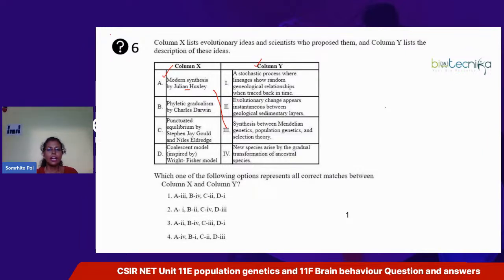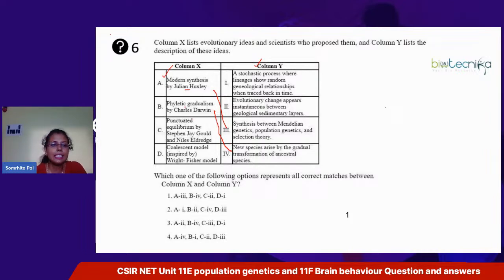Okay, these days we don't just base on one theory, but rather the advanced theories which have come up, the advancement in Mendelian genetics, population genetics. We clump it together to come to the modern synthesis. Phyletic gradualism, which is given by Charles Darwin, has to be connected with new species arise by gradual transformation of ancestral species.